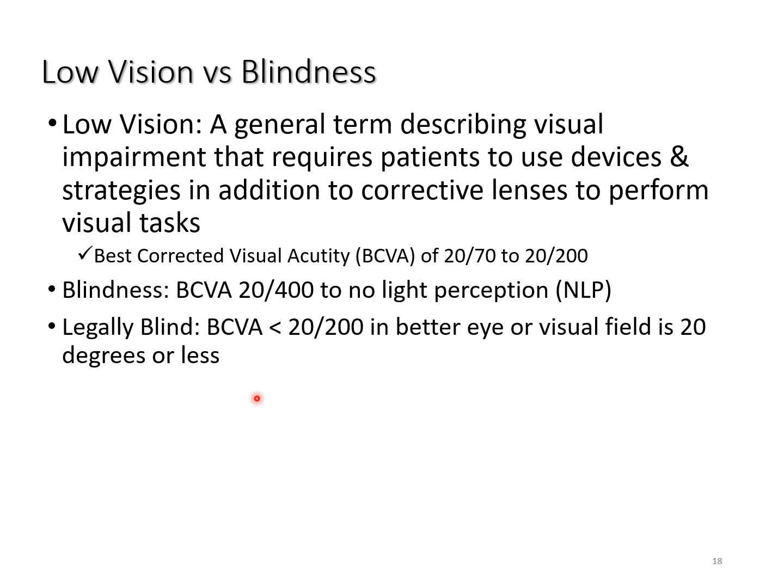Okay. For blindness, it's best corrected visual acuity 20/400. So remember our Snellen chart. So 20/400 is pretty bad, and to no light perception, that they literally can't see anything. And then the legally blind person is best corrected visual acuity 20/200 in the better eye, or visual field is 20 degrees or less.